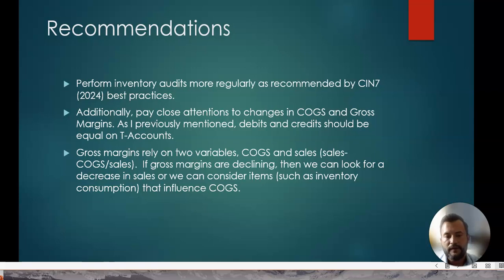So if we start noticing an unrecognized or unpredicted loss in gross margins, if they're declining, then we can take a look at a decrease in our sales, right? We can see if there are any variables affecting sales that could account for this problem. Additionally, we can consider items that influence cost of goods sold, such as our inventory. And in this case, it was actually our inventory.